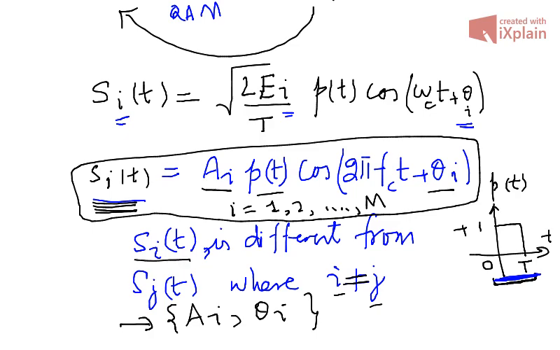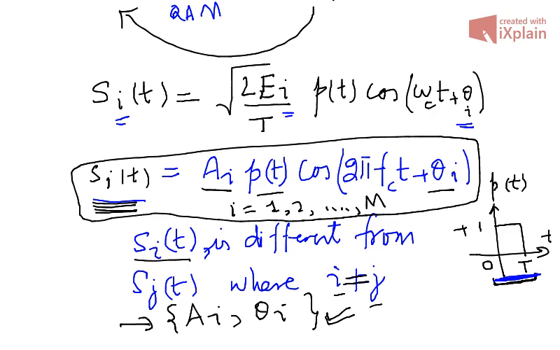And we later on see that when identifying or detecting the QAM signal, we would actually try to identify this unique pair, because this is how we see that these symbols are different, where these symbols differ by the Ai.